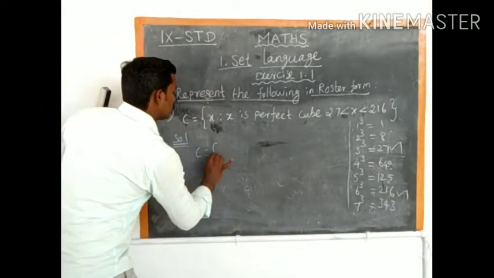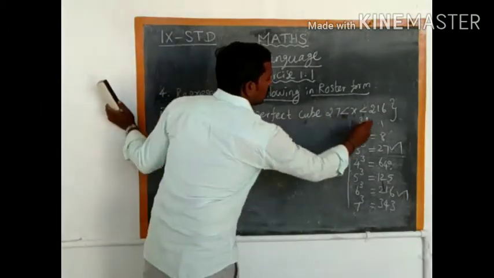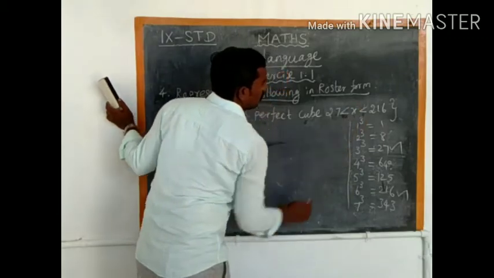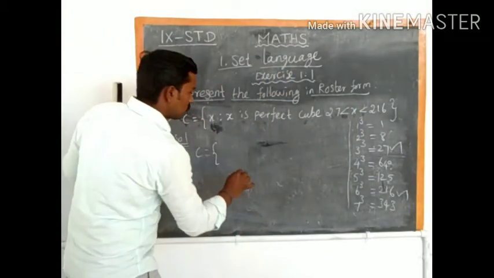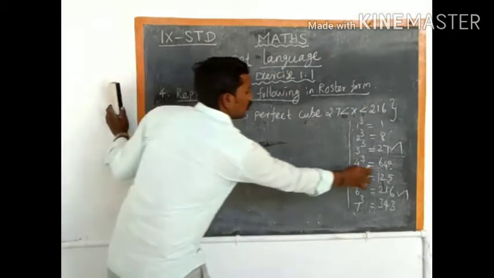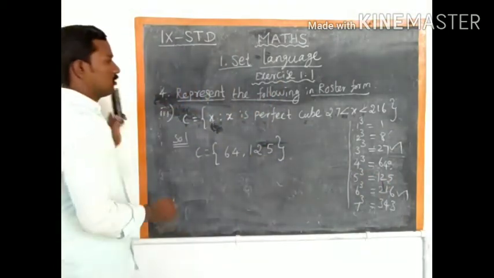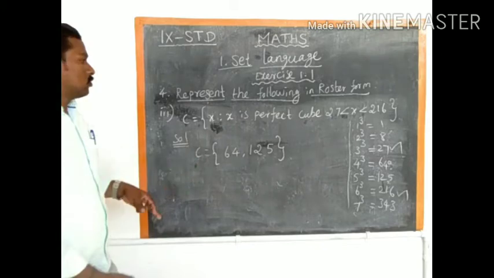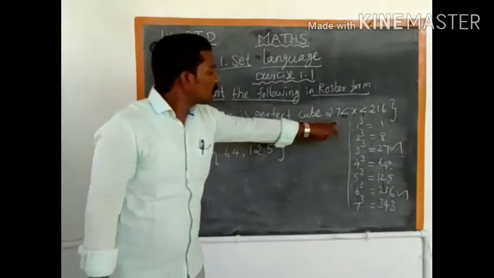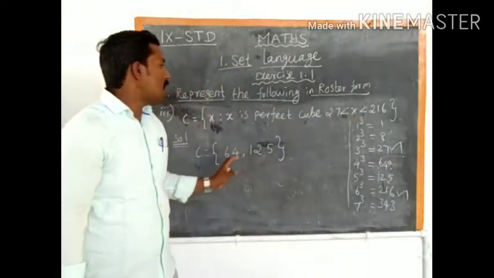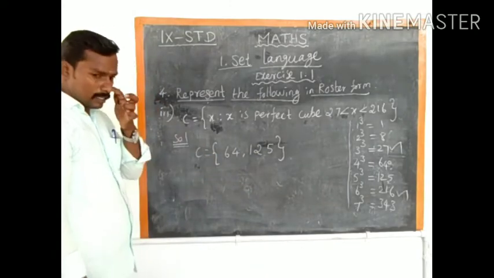So C is equal to x between the values 27 and 216, which is 64 and 125. That's all. Before you start, carefully consider the condition and then follow the instructions to get the result.